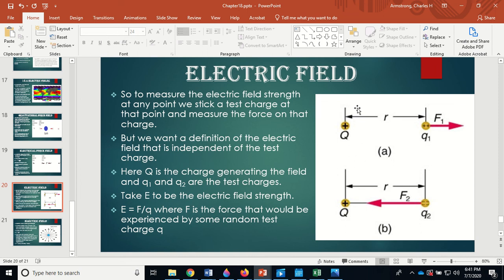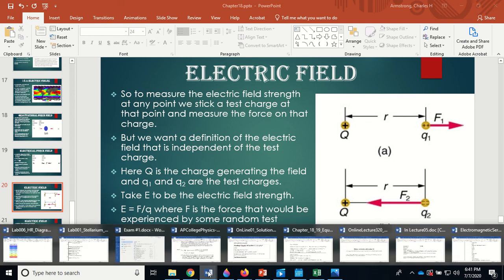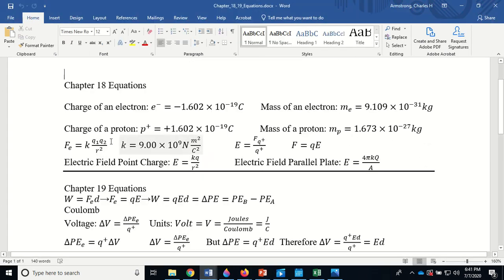So at any point around there, we can have an electric field that's in newtons per coulomb, where F is the force that would be experienced by some random test charge, Q. There's coulombs. There we have it. So you've got the E, the force on the test charge divided by the test charge. So force then equals the charge you stuck in there times the electric field.